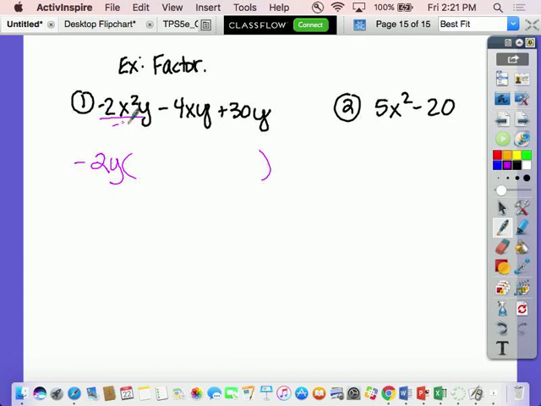So it helps me to write it up under here. You don't have to. But that leaves me with x squared plus 2x minus 15. When I factor out the negative 2y, I get x squared plus 2x minus 15.